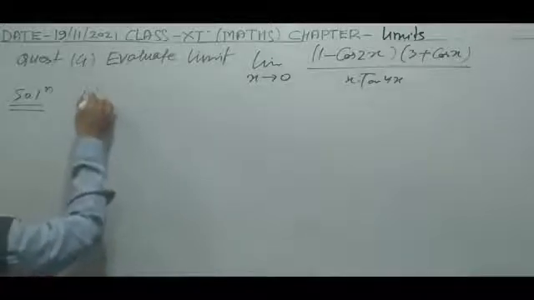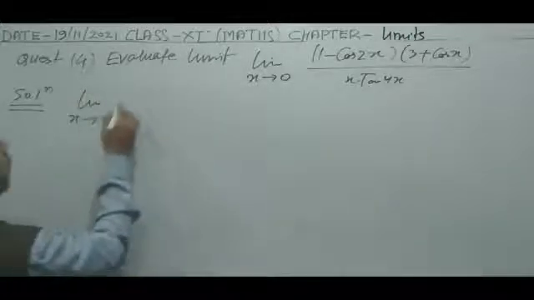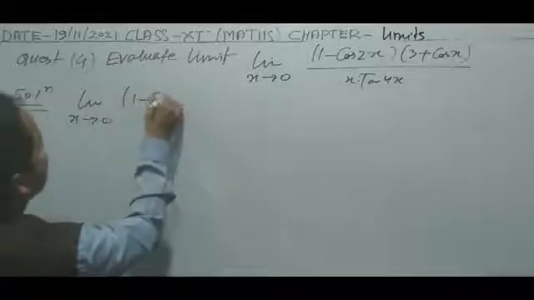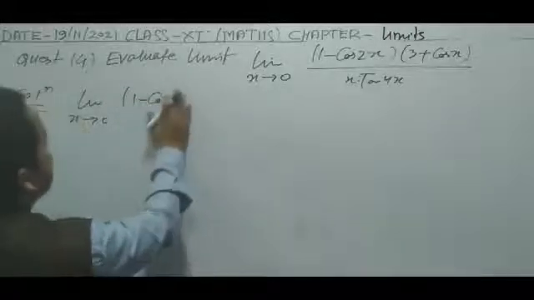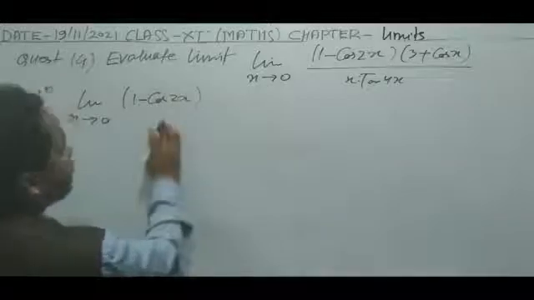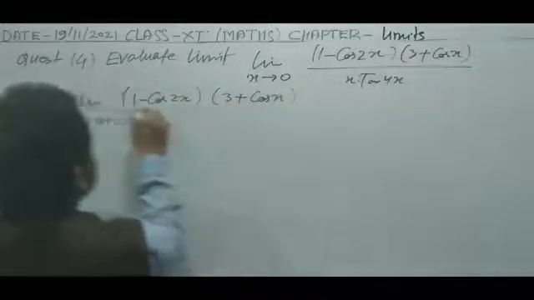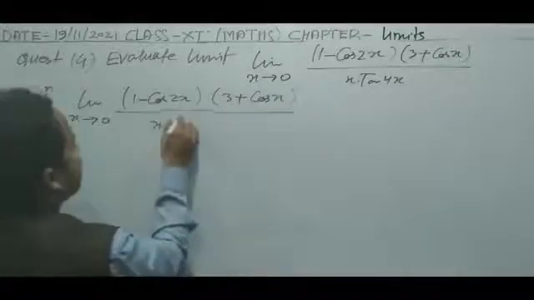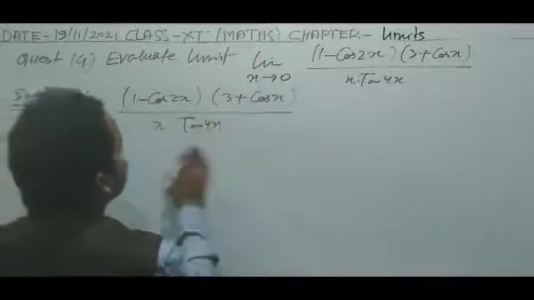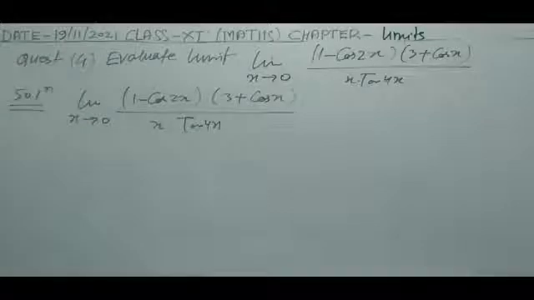Now limit x tends to 0, (1 minus cos 2x) times (3 plus cos x) whole upon x times tan 4x.